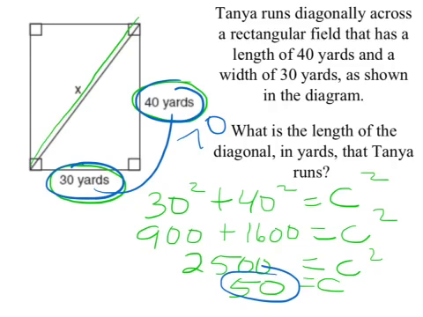The second thing is that 30, 40, and 50 are multiples of a very common Pythagorean triple, a 3, 4, 5 right triangle. So if you are familiar with a right triangle being 3, 4, 5, then any multiple of 3, 4, and 5 is also a right triangle. So when you see that one of the legs is 30 and the other leg is 40, you know that the hypotenuse is going to be 50, another multiple of 3, 4, and 5.